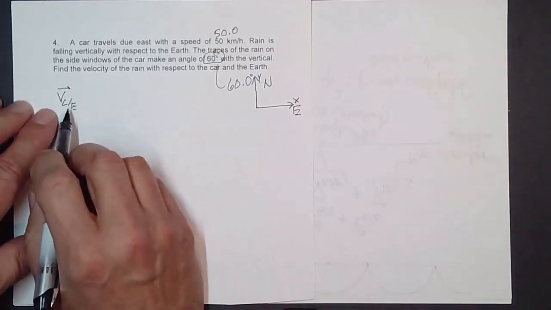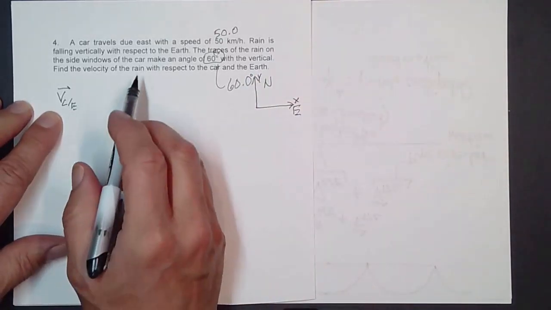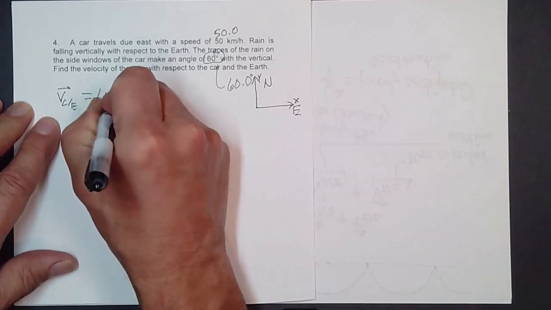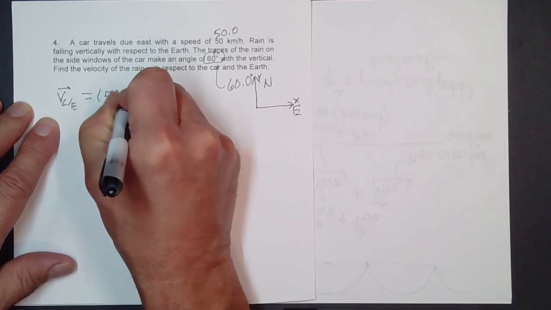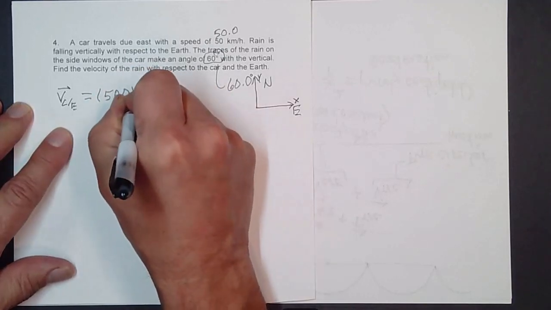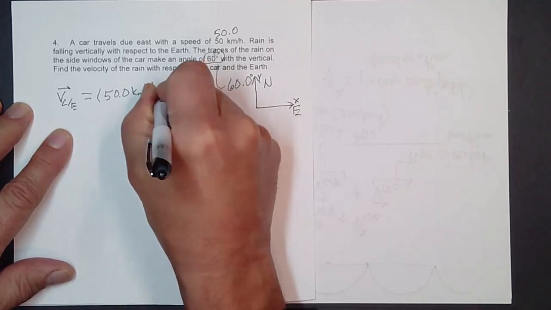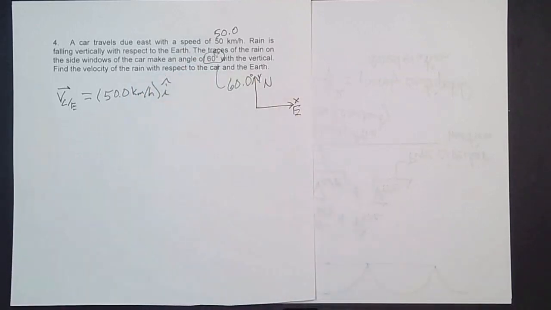So the velocity of the car with respect to the Earth, it's going due east. That means it is 50.0 kilometers per hour in the I hat direction. So that one's nailed down.